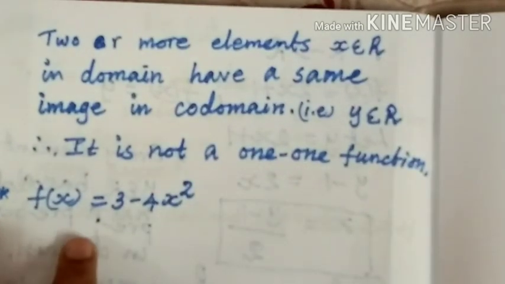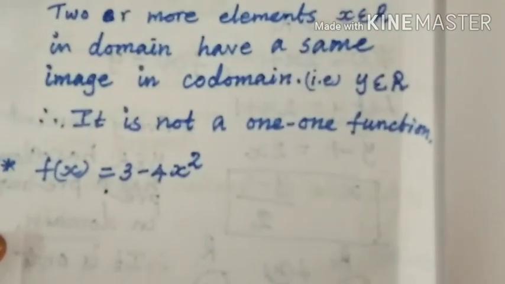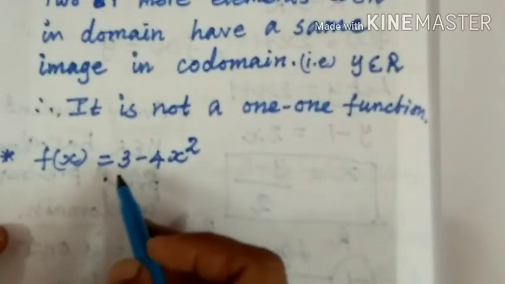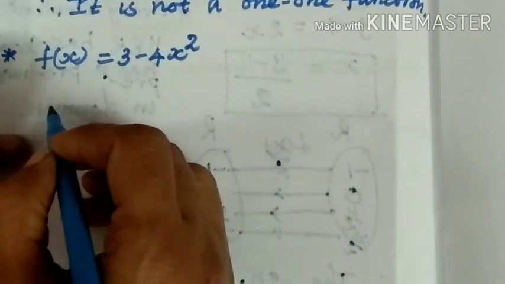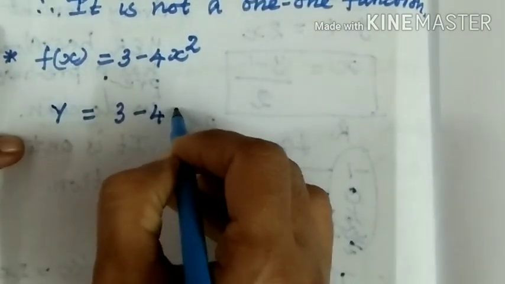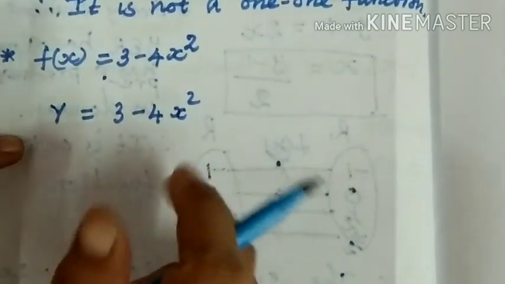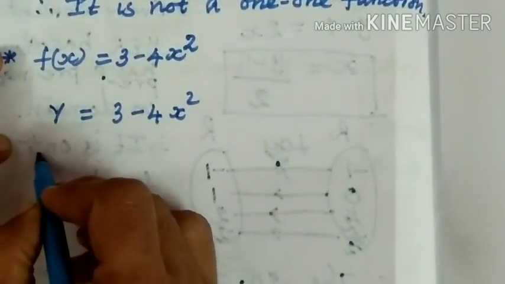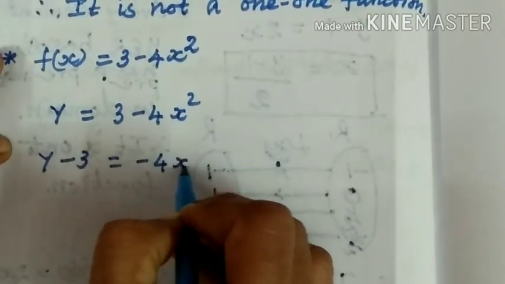Next, we have to find whether it is an onto function. For this, first you write down the given function f of x equal to 3 minus 4x squared. Let us assume y equal to 3 minus 4x squared. From this, we have to find the x term. Then we get y minus 3 equal to minus 4x squared.